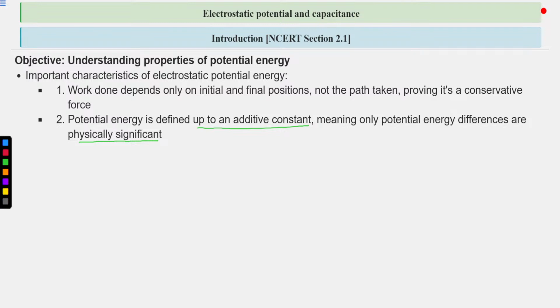In the gravitation chapter, in NLM or straight line motion, we have assumed the reference point where potential energy is 0 to be the surface of Earth. In gravitation chapter, we assumed the reference point to be the center of Earth.